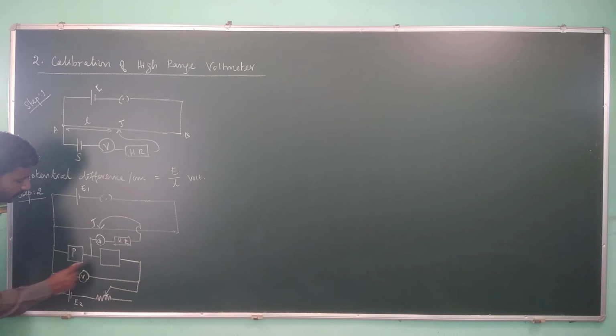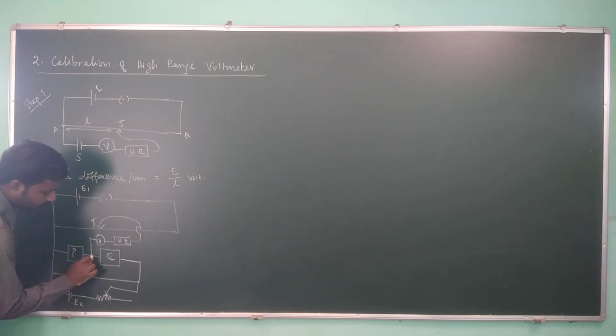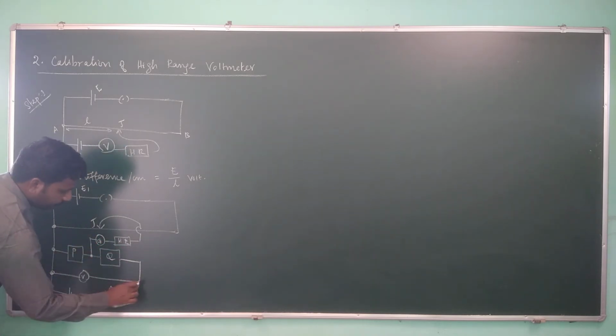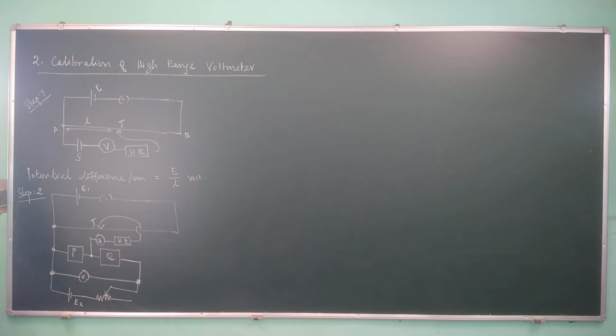This is P and this is Q, right? These are the junctions. Wherever we put a dot, those are the junctions.